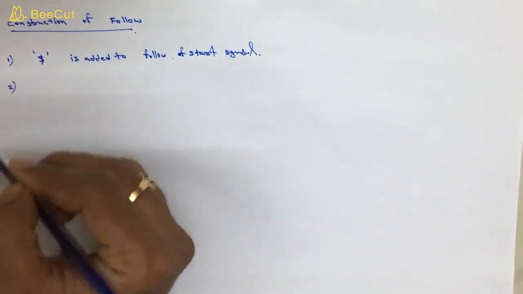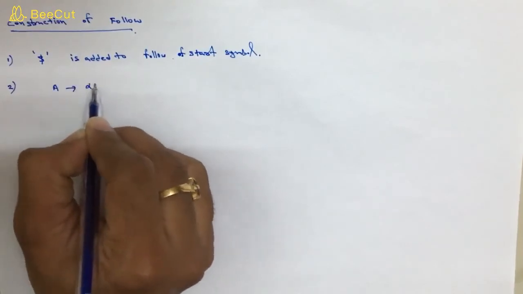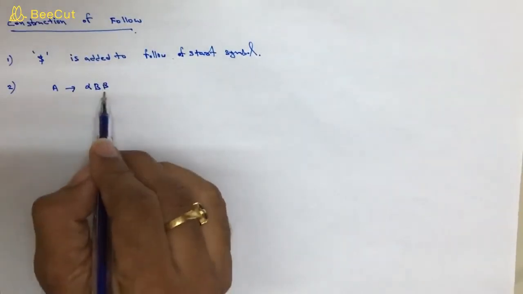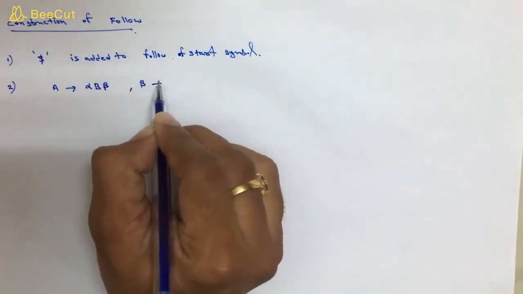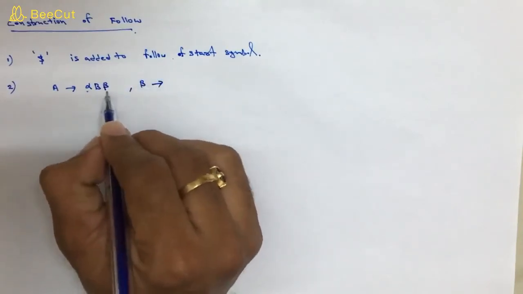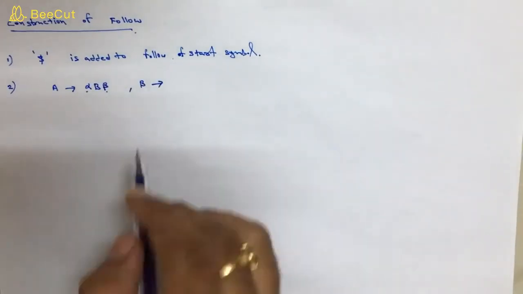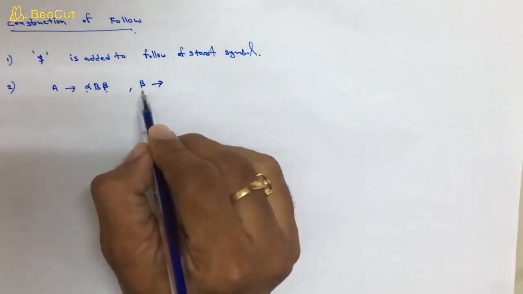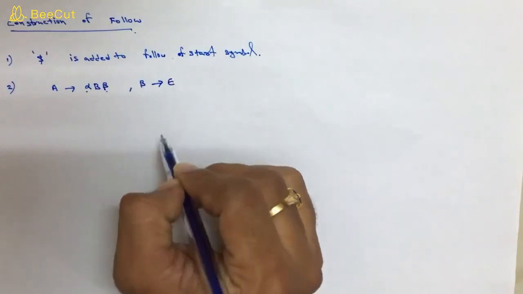And rule number 2: if the production is in the form A tends to alpha B beta, check that B is a non-terminal and alpha and beta are combinations of terminals or non-terminals, and cross check whether beta can be replaced by a production deriving epsilon or not.